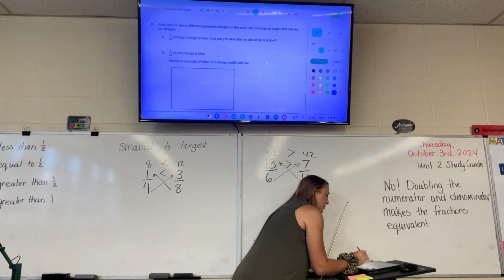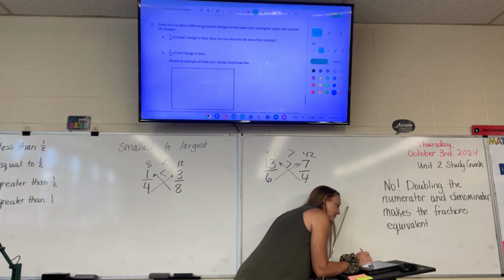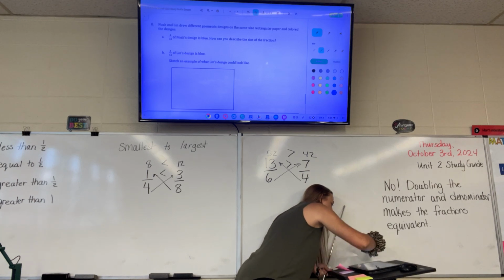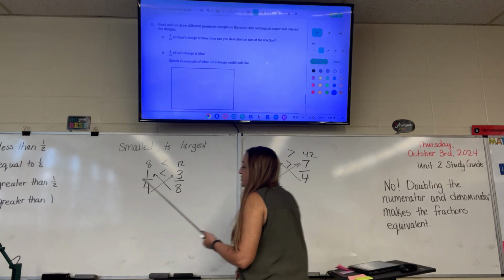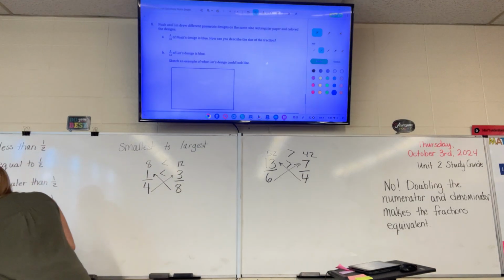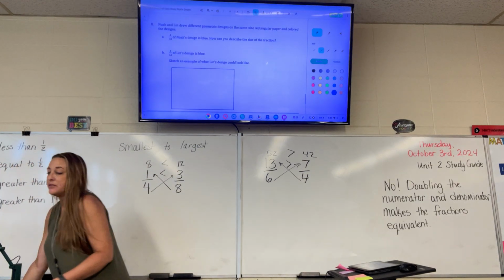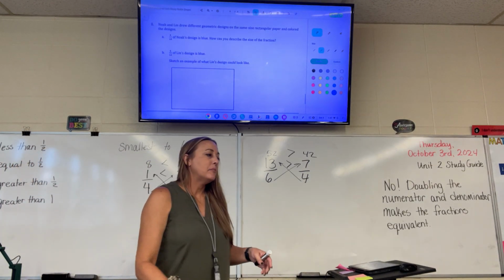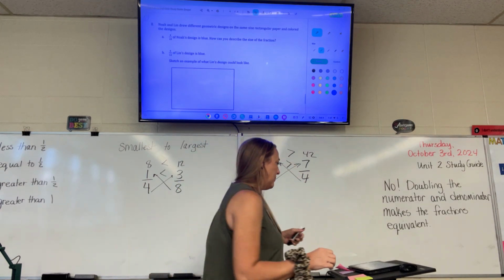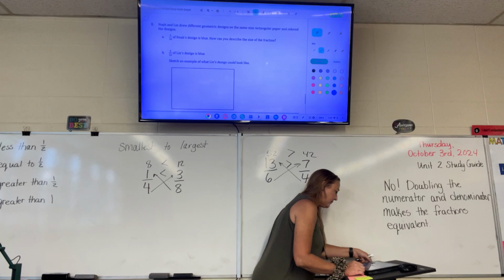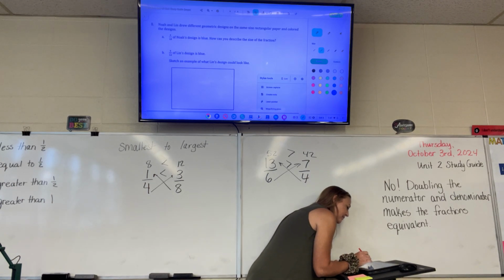All right, so here's what we're gonna write. My pen died. Give me a minute. And don't get ahead of me on drawing the model yet, because I'm gonna help you to make sure it's nice and neat. Okay. Here we go. How can you describe the size of the fraction?